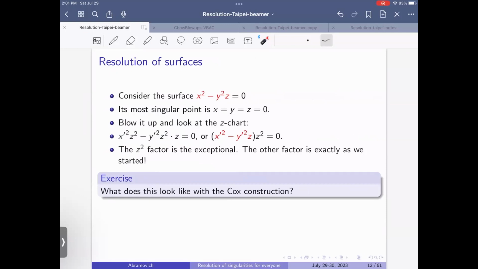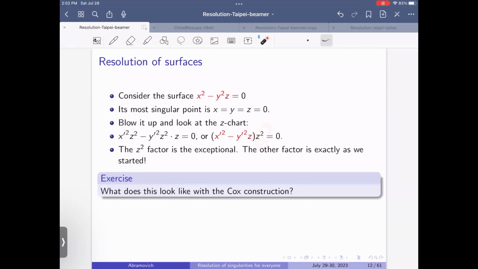Okay, I use charts here, but I urge you to see what happens when we do the Cox construction. Of course, it won't help. We haven't improved the singularities by just doing this. The Cox construction will just look a little different. It will emphasize that the z you see here is really the exceptional variable and not the original.